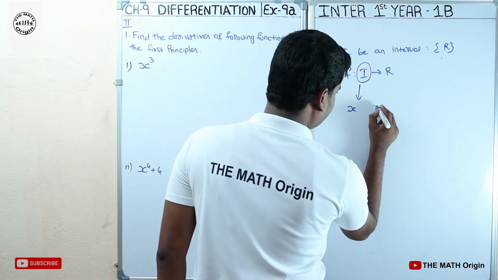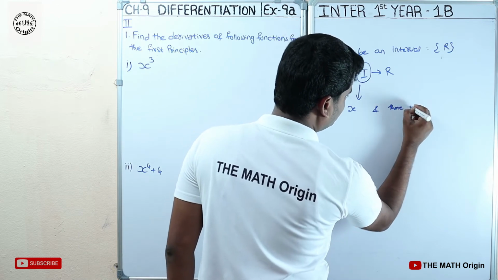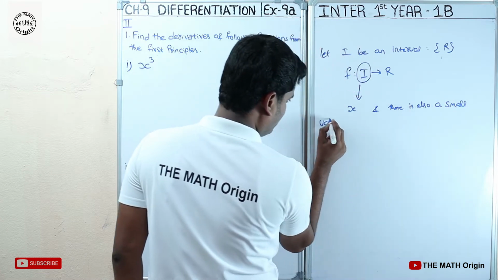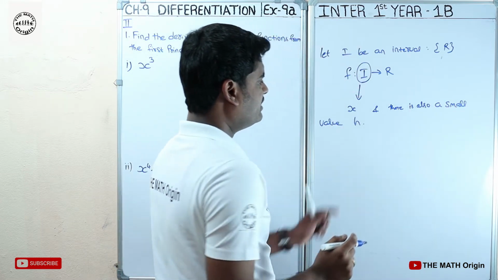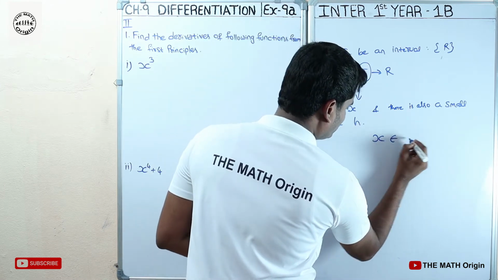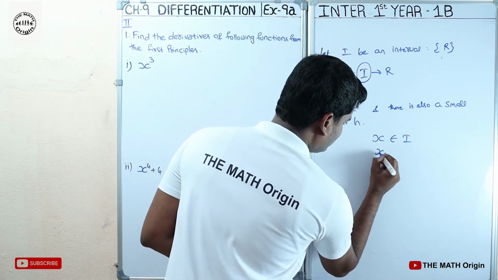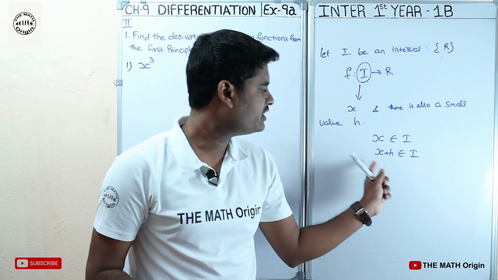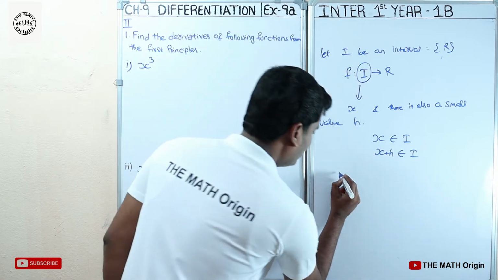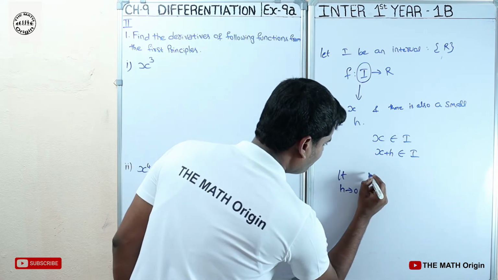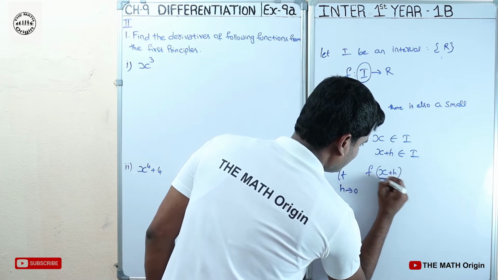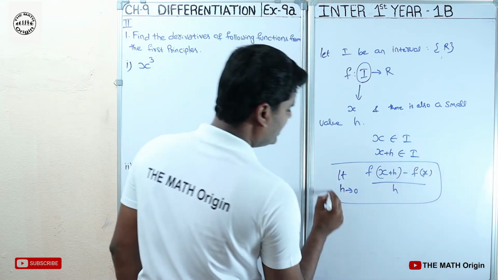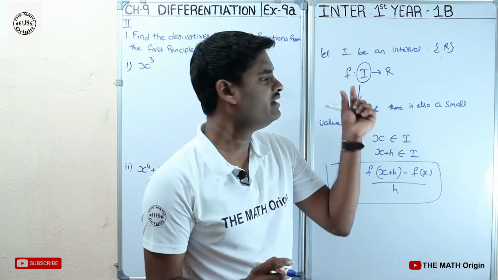And there is also a small value h, such that x belongs to I and also x plus h belongs to I, such that the limit as h tends to 0 of (f(x+h) minus f(x)) by h is the actual derivative of the function at any given value.